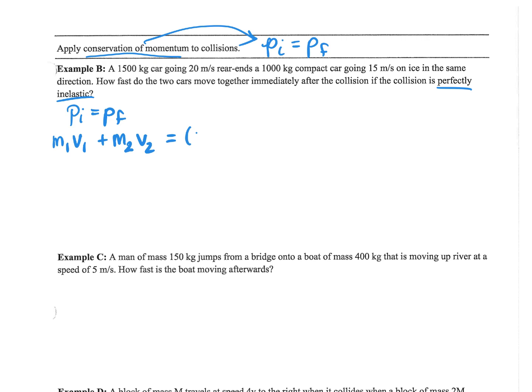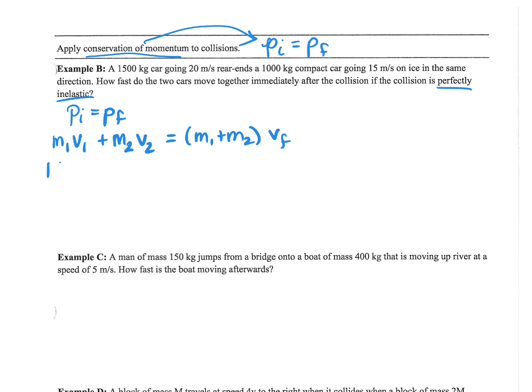They're together. So mass 1 plus mass 2 times the final velocity. That's what we know. Easy, isn't it? This is the easiest type of equation we've had to use since the beginning of this class. Momentum should be the one you'll love because it's really straightforward.